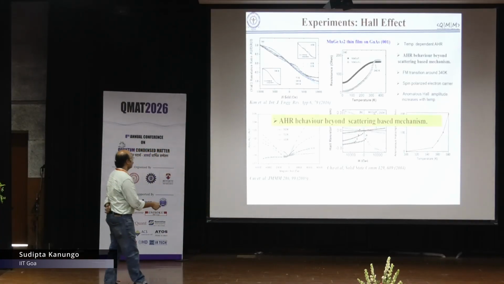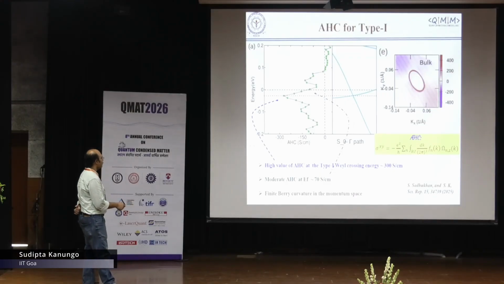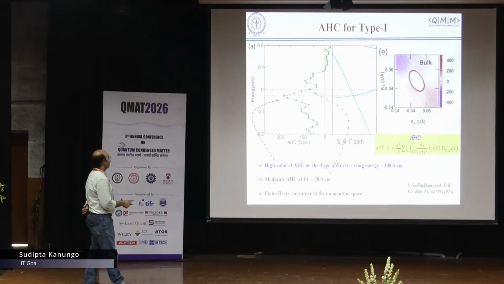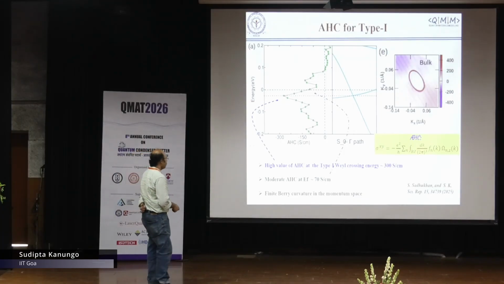Now, since we know there is an anomaly in the anomalous Hall conductance, we calculate the anomalous Hall conductivity, and we see this is indeed the Berry curvature driven anomalous Hall conductivity, which is almost 70. It is not very high, but it is reasonable.